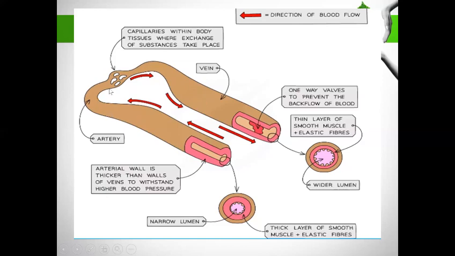When the arteries split, they make the arterioles, and these arterioles further split to make a very fine network of blood vessels embedded in the tissues. The same with the veins, then venules, and then they split into the capillaries.